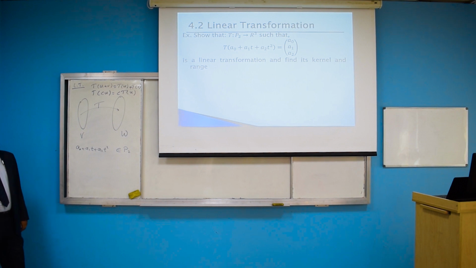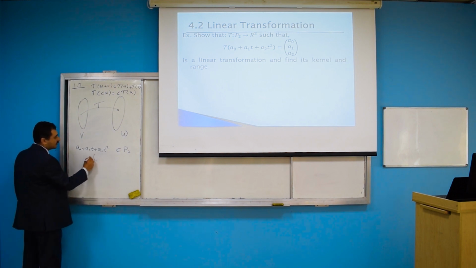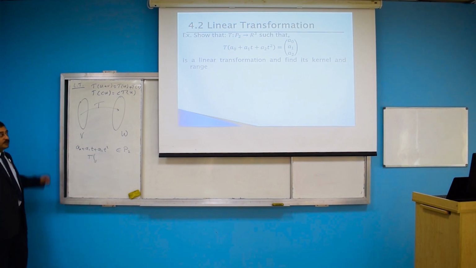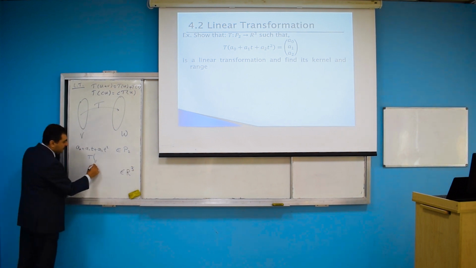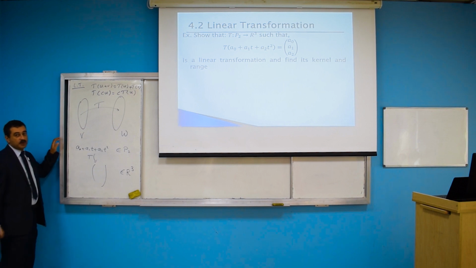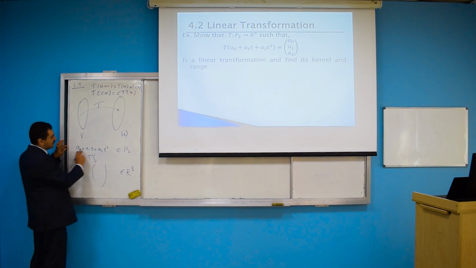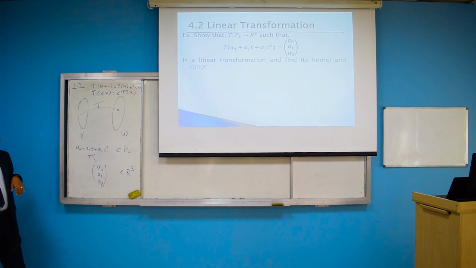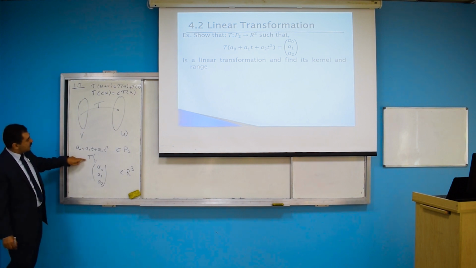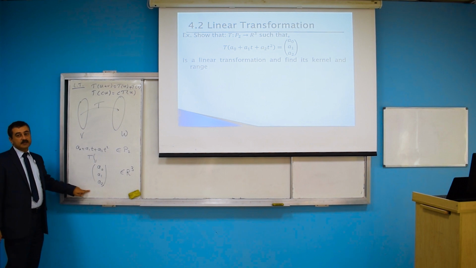So if you want to transform it to a vector space which is R3, here we have some transformation to get a new vector in R3. And the vector is written according to some rule. The rule takes the coefficients and writes them in a vector form. So this is a vector in R3. So this is a transformation from P2 to R3.